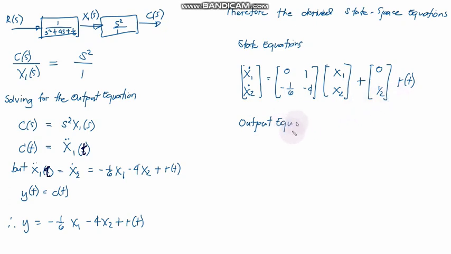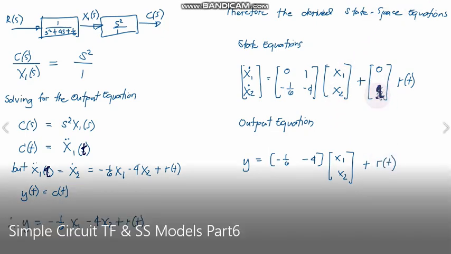Okay, and the output equation is this one. So y is equal to negative 6, negative 4, and then okay, so let's correct this. Likewise, this is equivalent to 1. That's 1. Okay.